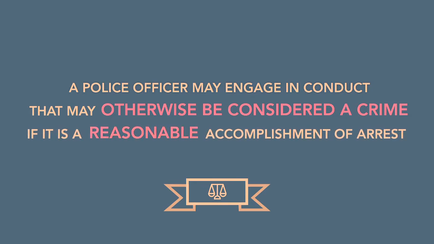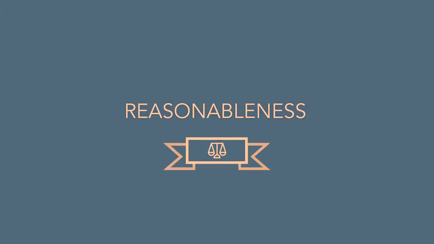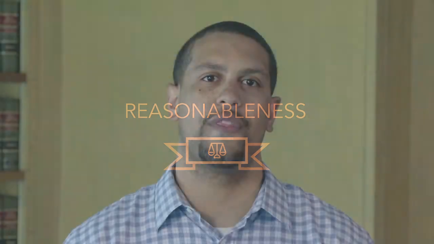It is important to note that not all three defenses apply in every scenario. Sometimes all three may apply, and other times, based on the facts, only one or two may. So a term we've talked about a lot has been reasonableness. It's important to note that reasonableness is not viewed from the perspective of the juror or the prosecutor, but of the person who was in the situation at the specific time.